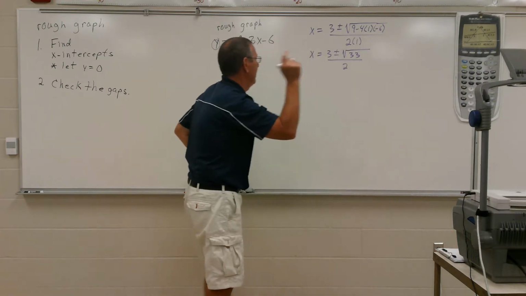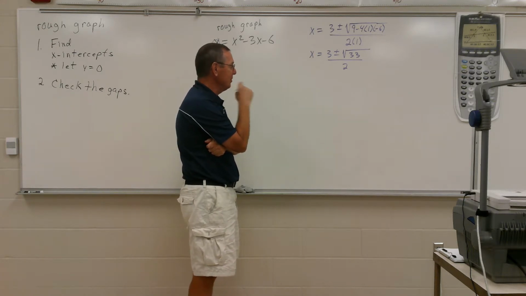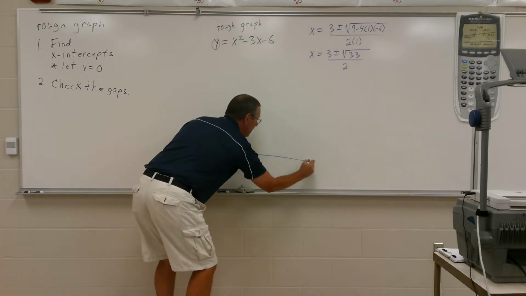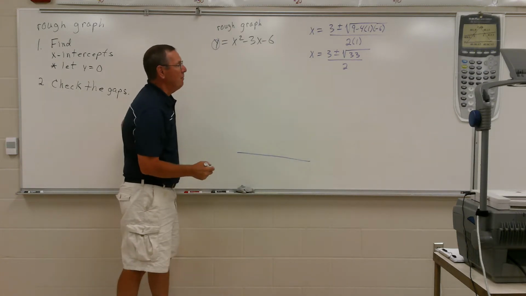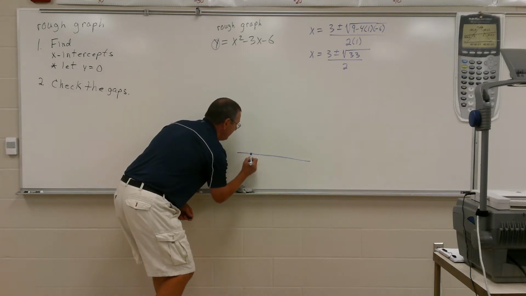Well, let me get this down here. Going to have 3 minus that square root of 33 over 2 will be one of my intercepts.